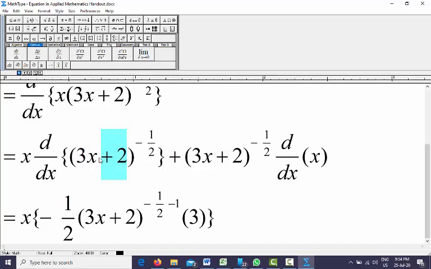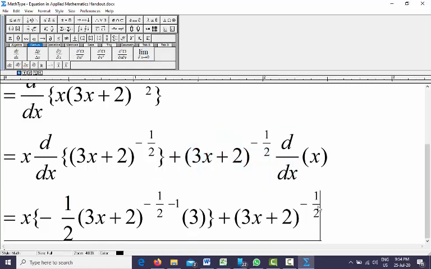So you don't have to write it, you have only 3 there. And then plus, this one is behind d by dx, so it will stay as it is.